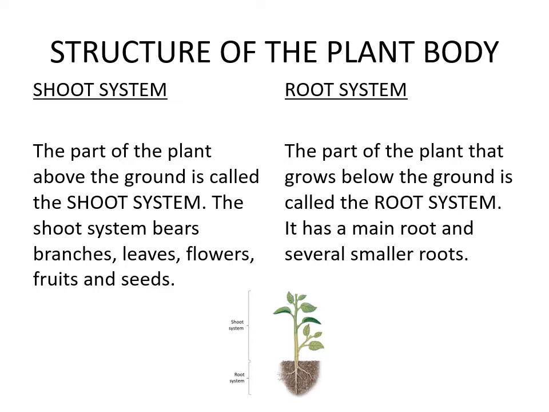It has a main root and several smaller roots. And the part of the plant which grows above the ground is called the shoot system. The shoot system bears branches, leaves, flowers, fruits and seeds.